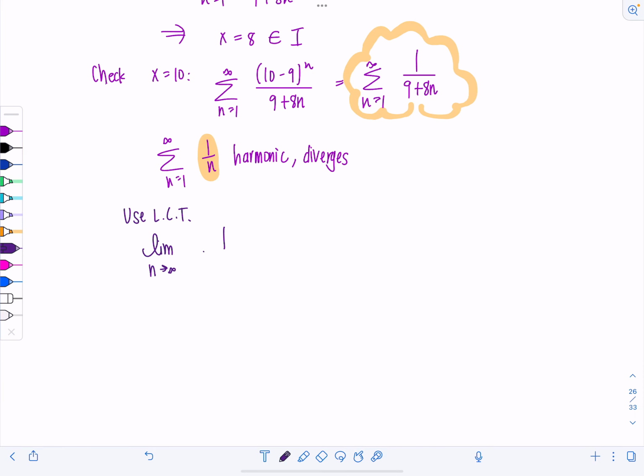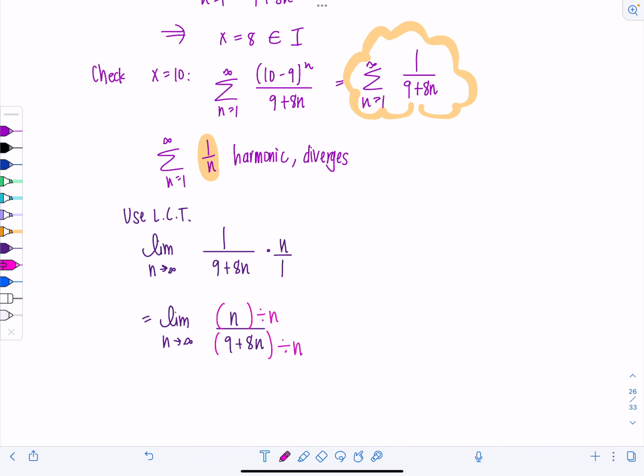So we have 1 over 9 plus 8n divided by 1 over n, which is the same as times n over 1. So then we have the limit, n goes to infinity, of n over 9 plus 8n. Divide by the highest power of n in the bottom, which is just n to the first. So this is the limit as n goes to infinity of 1 over 9 over n plus 8.